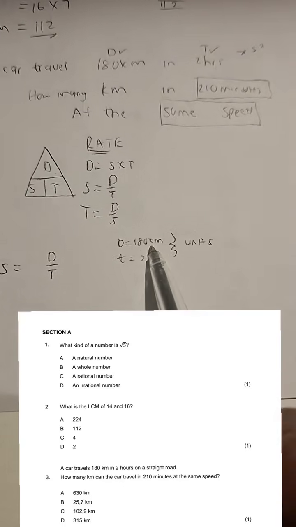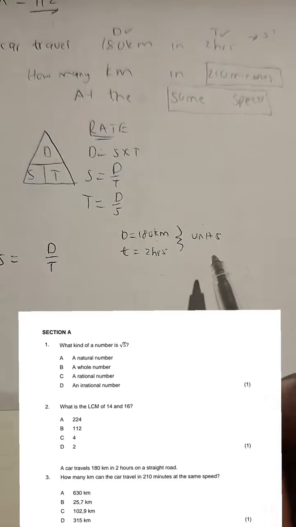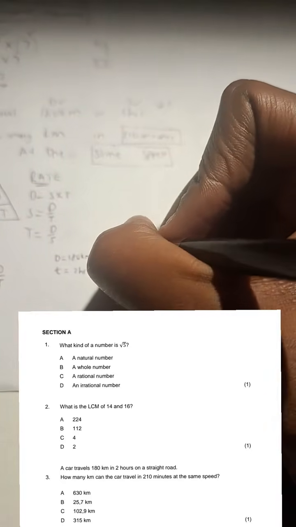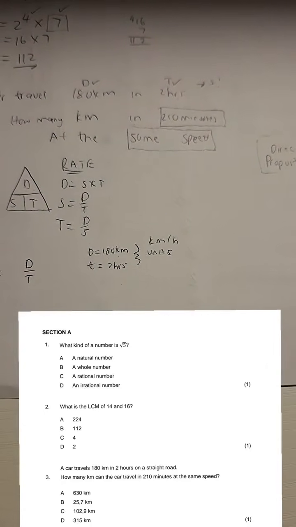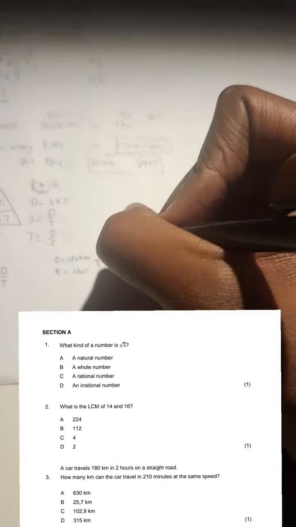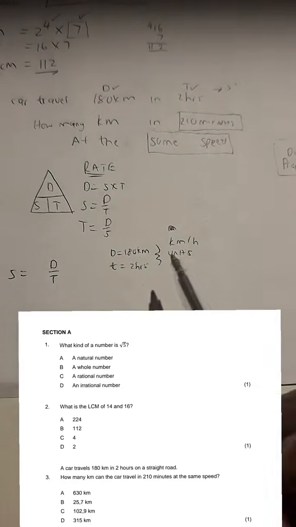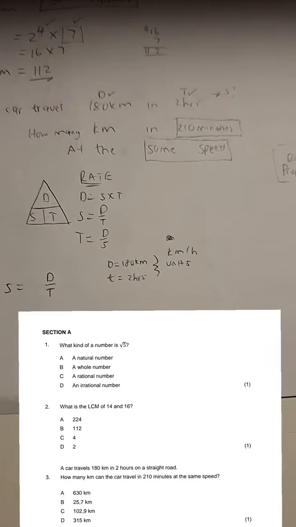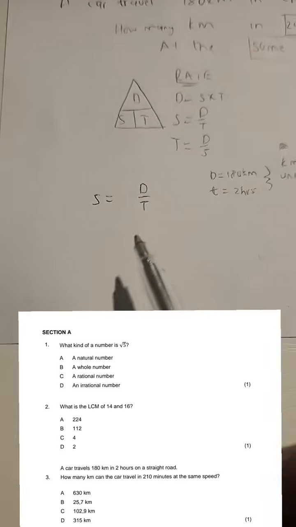If distance is in kilometers, then time must be in hours, because kilometers and hours go hand in hand. But if we had minutes, or other alternative units, we would have to change them to the correct units. Please, guys, very important. Kilometers and hours go hand in hand.